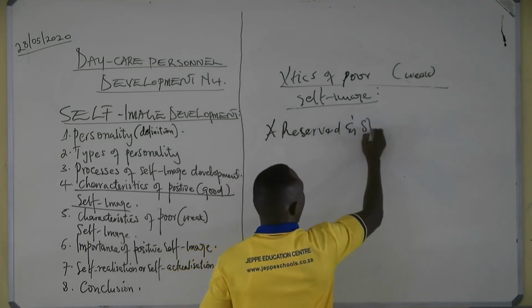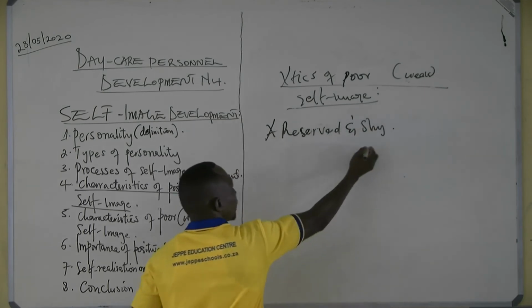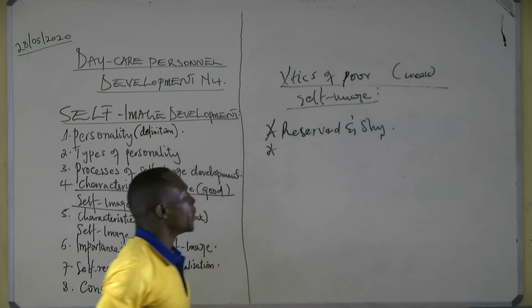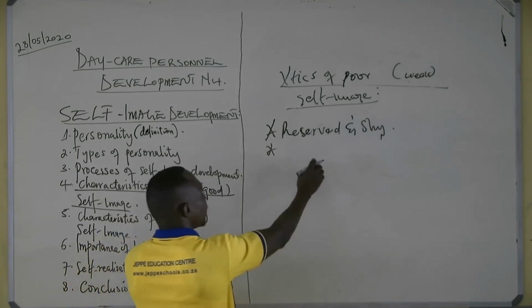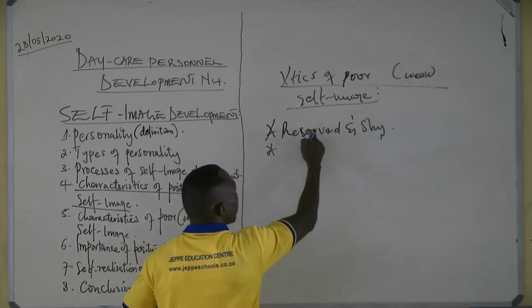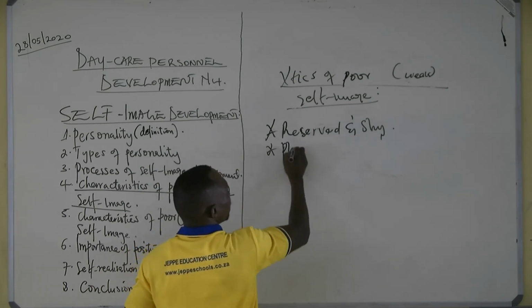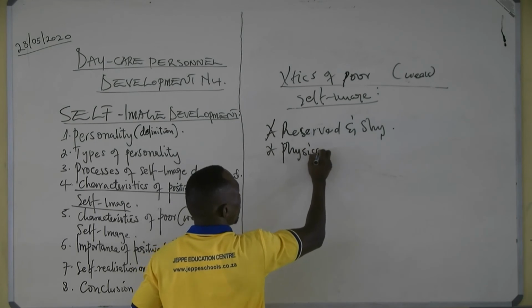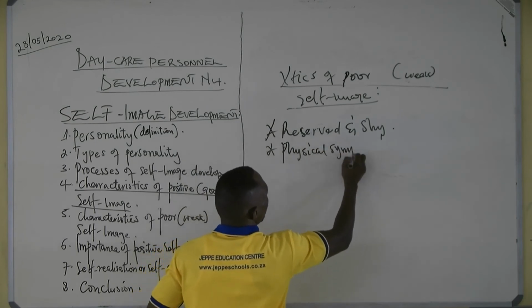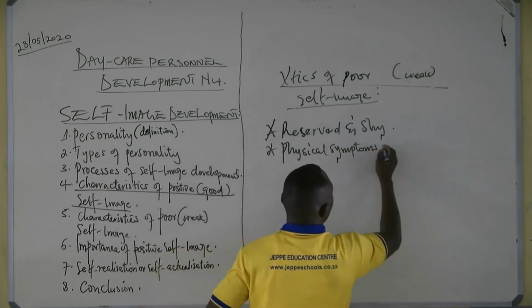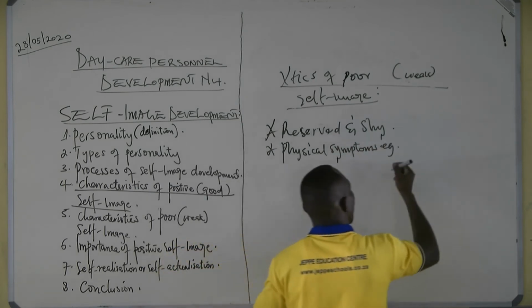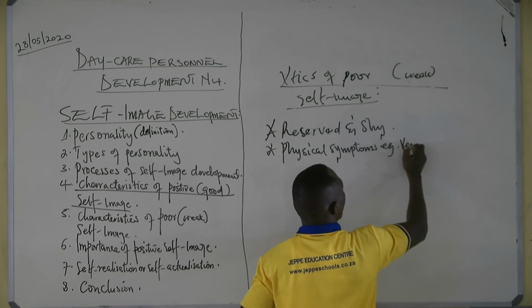This person is seen to be reserved, and in most cases shy. This is bad. Yes. Then too, this person is seen to be having what we call physical symptoms.